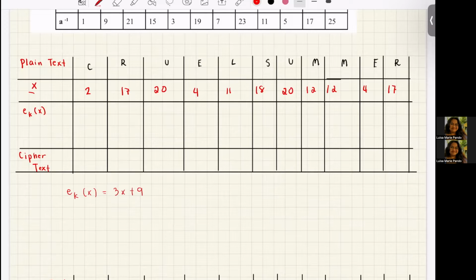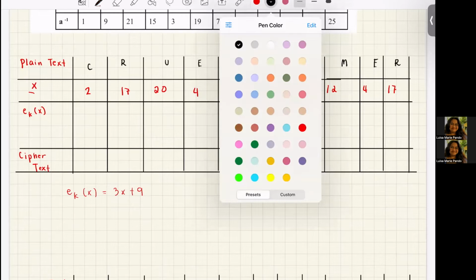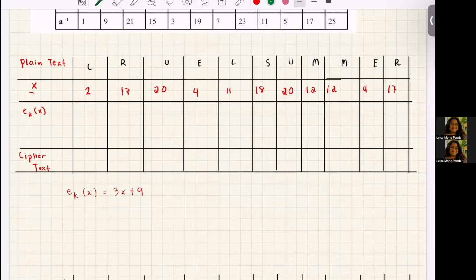Yan yung ating encryption rule. So, wag natin kalimutan. So, sabi, ang ating A, si 3, and then ating B is si 9. Ang ating X na gagamitin is itong mga to.